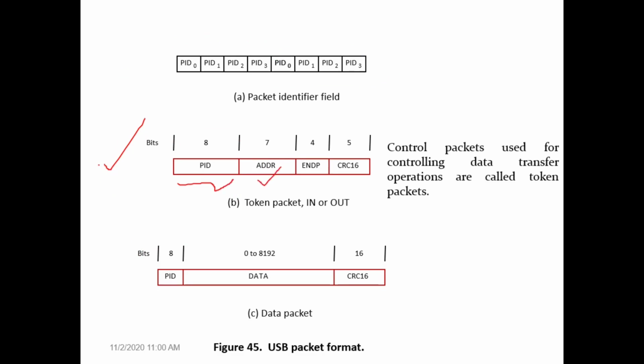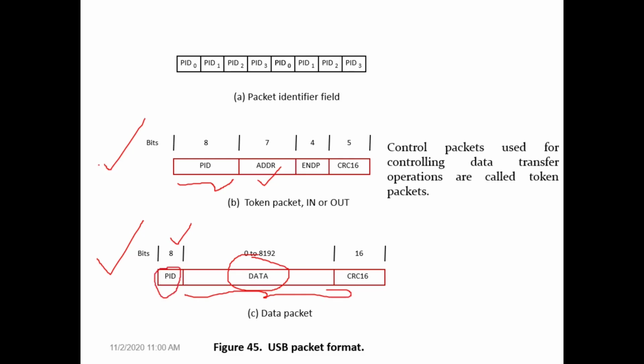That means this control packet is carrying the address of some device. Now there is a data packet here which actually carries the data. The PID is there for this packet also, to identify that the information inside the packet is actual data.